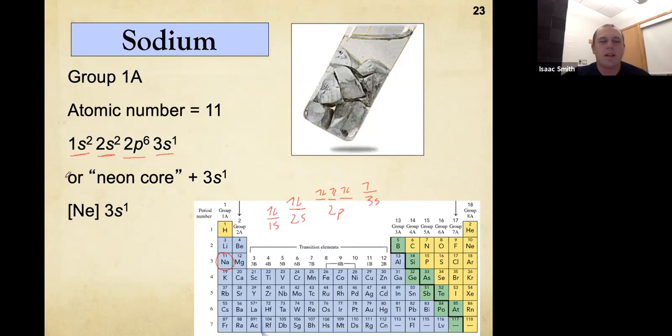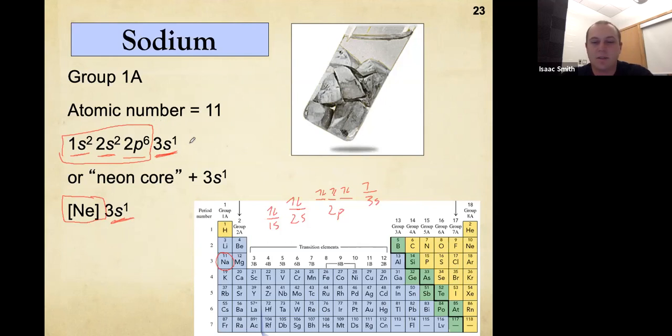And if we did the noble gas shorthand, we could say it has a neon core, right? This right here is equal to the electron configuration for neon. So you can replace that whole thing with just neon in brackets, and then add the 3s1 afterwards as a shorthand. So that's how you draw the electron configurations.